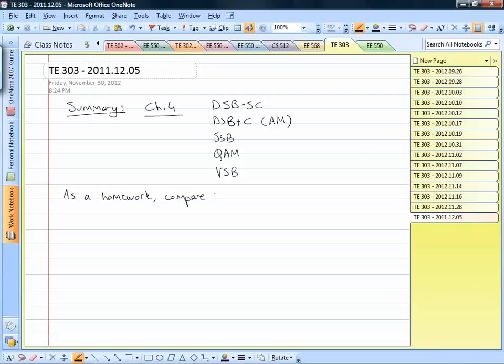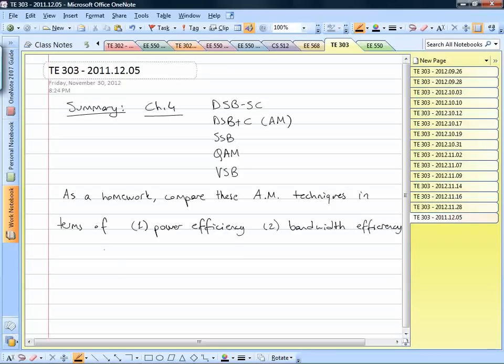Compare these amplitude modulation techniques in terms of: 1. Power efficiency, 2. Bandwidth efficiency, 3.